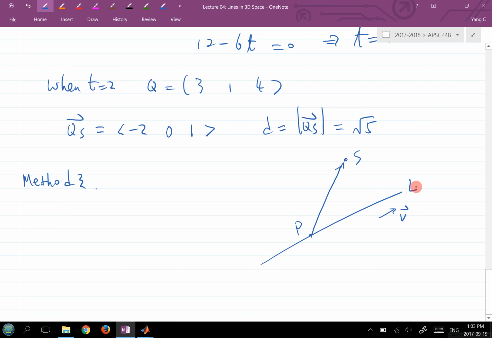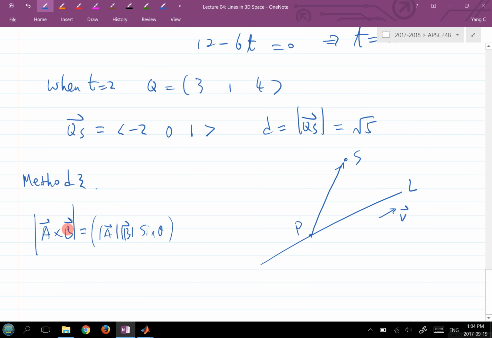What's the cross product? Let's say when you write a cross product, A cross B equals what? A, B, sine theta, and then there's a direction, right? But in terms of the length, this is the length of the cross product. How can we relate this question to this cross product formula?